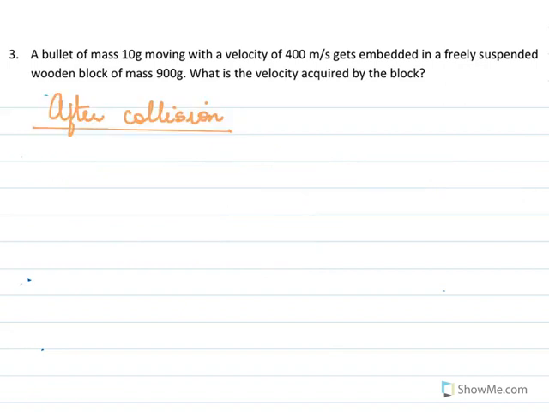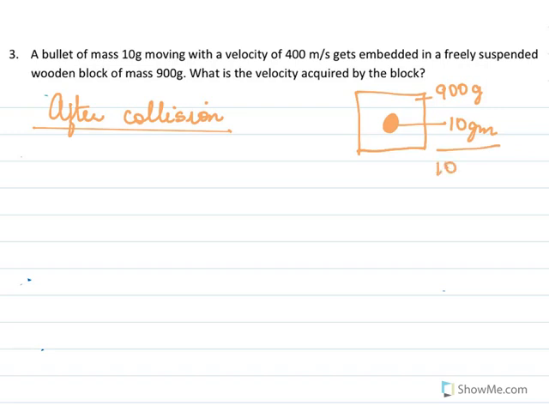Now after collision, we see that the bullet gets embedded in the wooden block. So if this is the wooden block, which is 900 gram, and then the bullet gets embedded in it, and this is 10 gram.